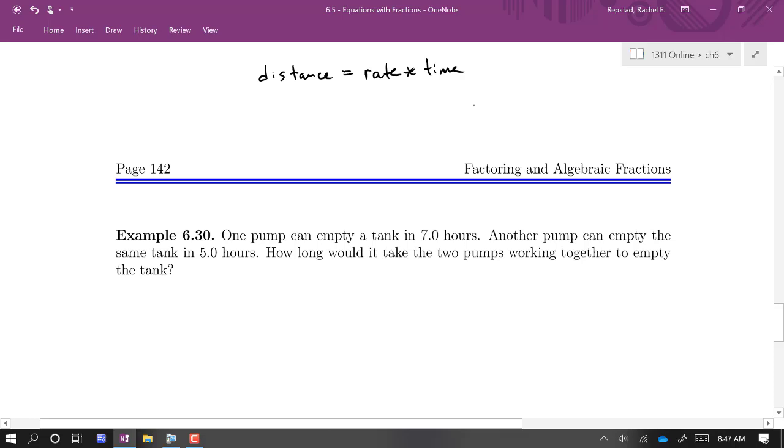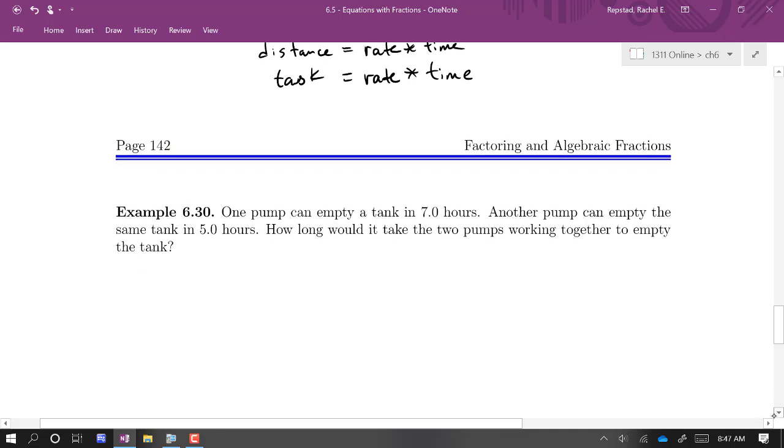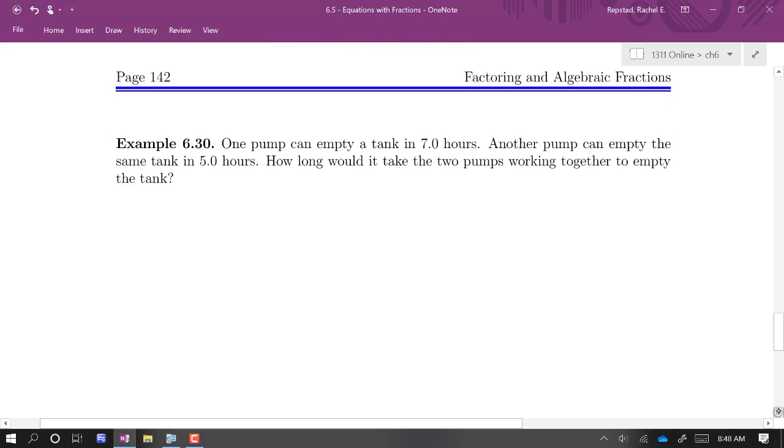But we can generalize that, and for us, it's really any old task is completed by having some crew or some pump or whatever working at a particular rate, however fast it works, times however long it's working. Right, so now this one pump, they gave us the rate. They didn't give us the rate in like liters per minute or gallons per hour or something, but they did tell us how long it would take to pump one full tank, to empty a tank.